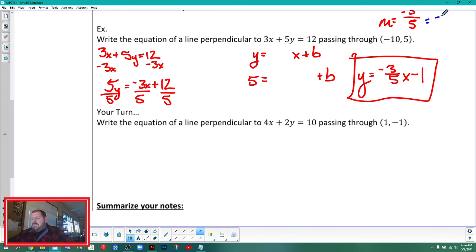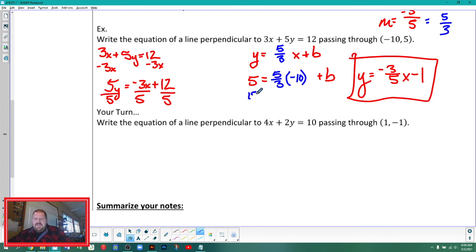Because I'm finding perpendicular, I need the opposite, so I'm going to get rid of the negative sign, and I'm going to flip the fraction. So I get 5/3. Now that's not as nice. That's going to be negative 50 over 3. And 5 is going to be 15 over 3.